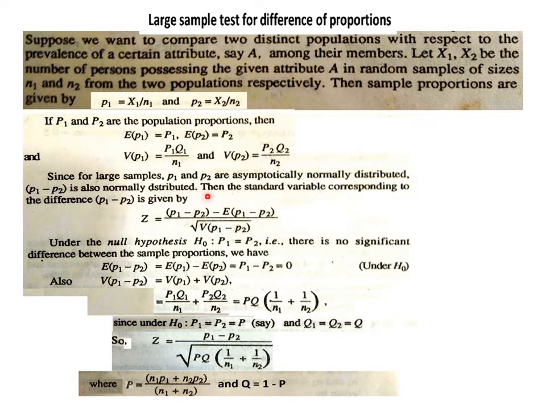So p1 minus p2 is normally distributed, and the standard variable, as we know, is z equals x minus mu upon sigma. From the beginning of the normal distribution we know this formula.